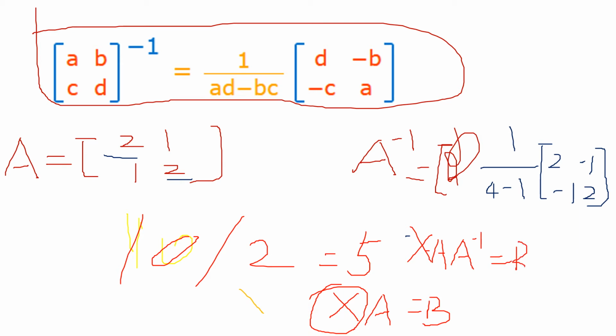Because A multiplied by the inverse of A is equal to 1, we know x is equal to B multiplied by the inverse of A.